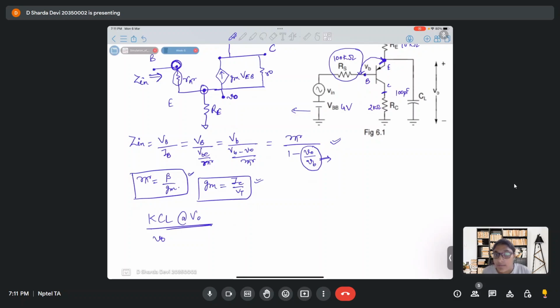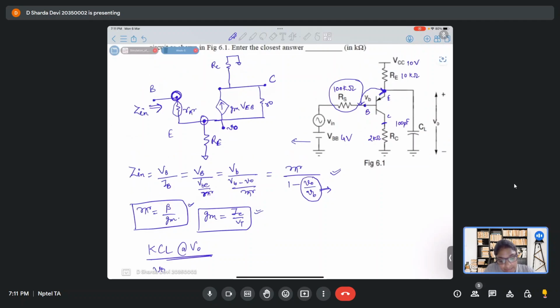Ma'am, can't we write directly that Zn is equal to R pi plus Re multiplied by 1 plus beta? Okay. But why we can't write is, see, earlier we had ground nodes, right? C was grounded.